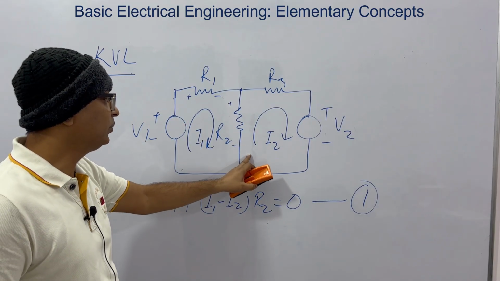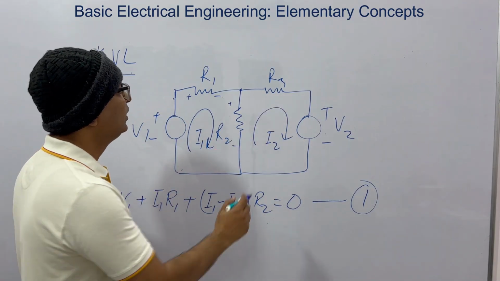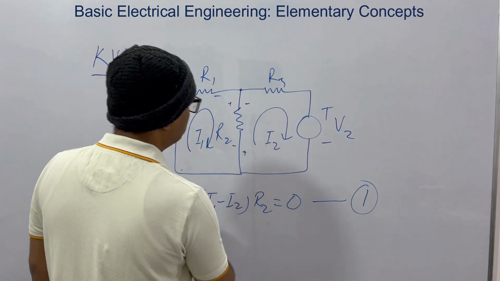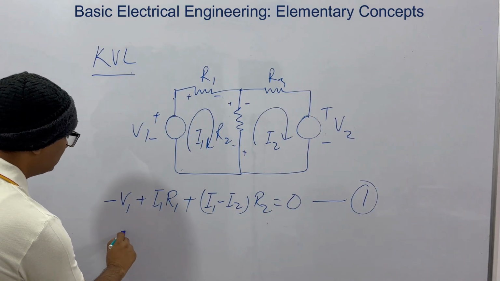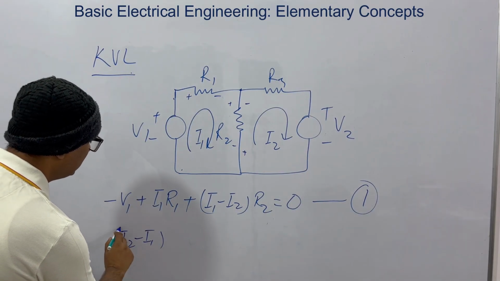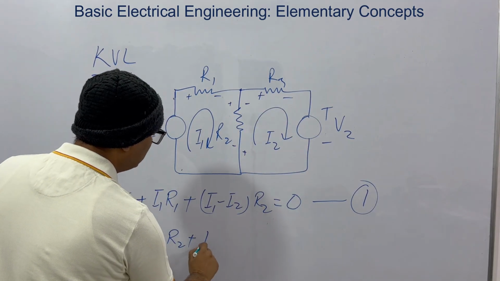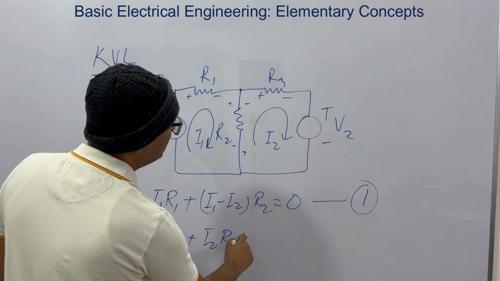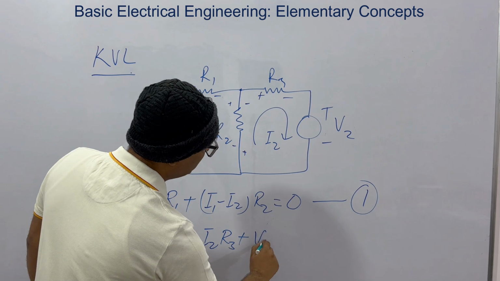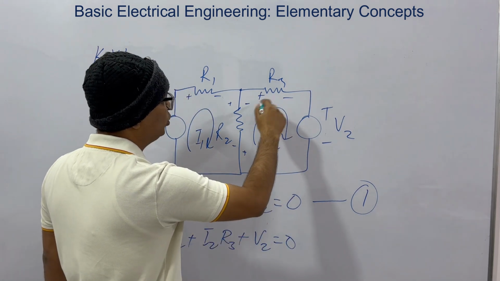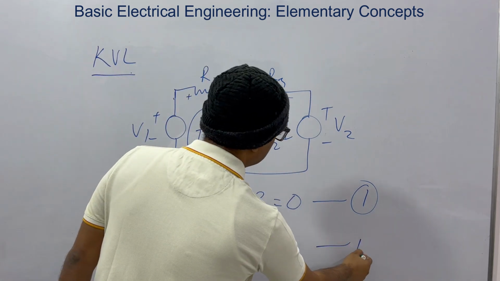And second, now we are considering this direction, I2. So this will be positive and this will be negative. If we take this, this will be I2 minus I1 into R2 plus I2 into R3 minus V2 equal to 0. This loop, so this is our second equation.